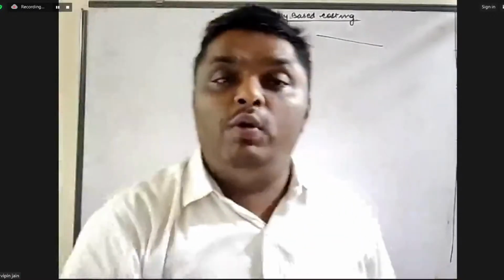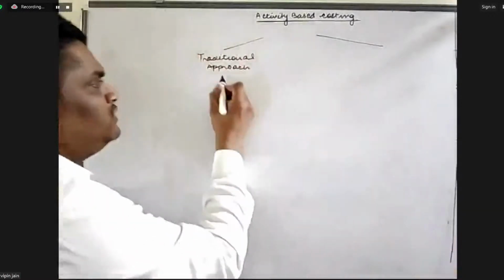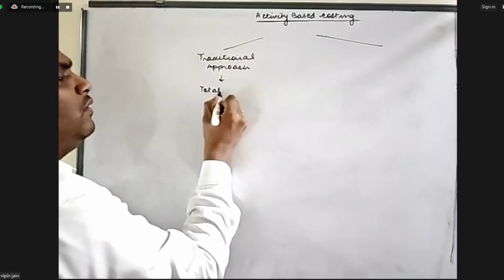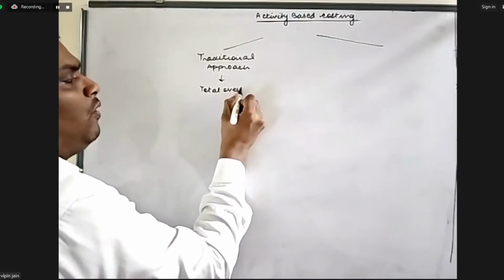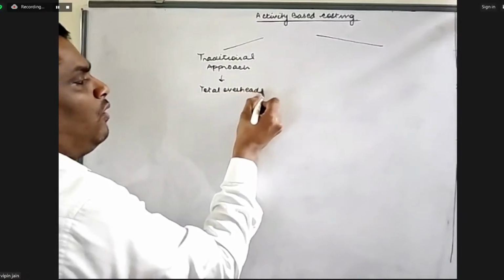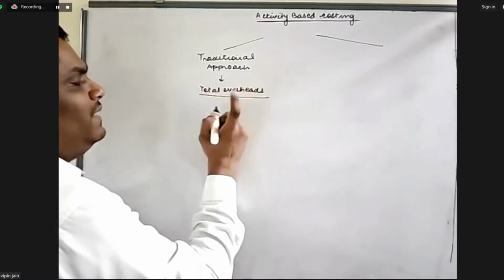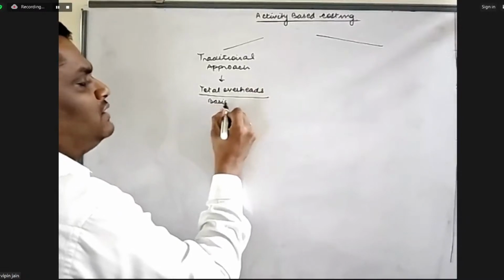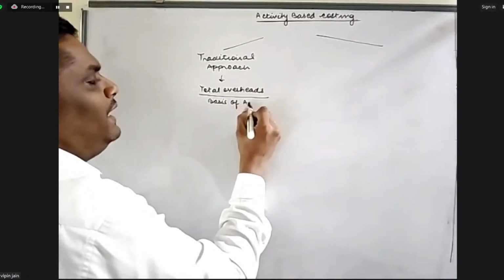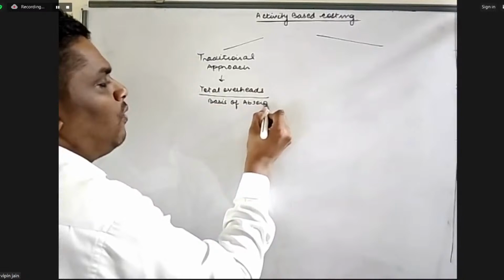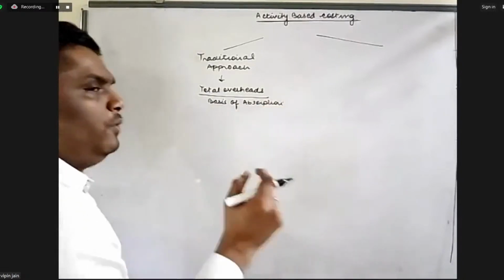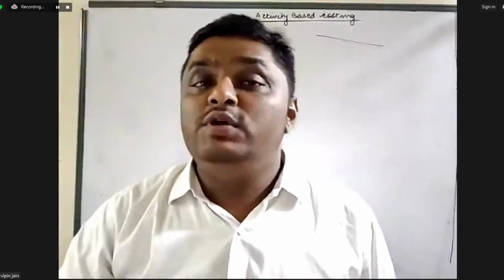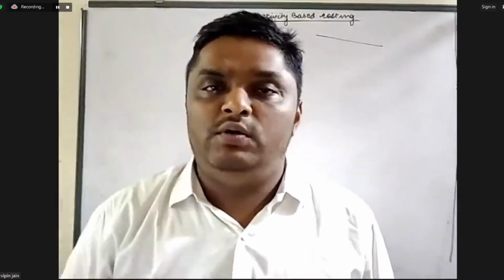What we used to do is very simple: total overheads divided by only a single basis of absorption, either machine hours or labor hours. So there was only one basis of absorption, and accordingly we calculated one absorption rate only.